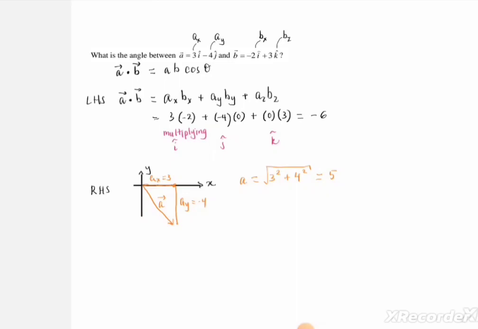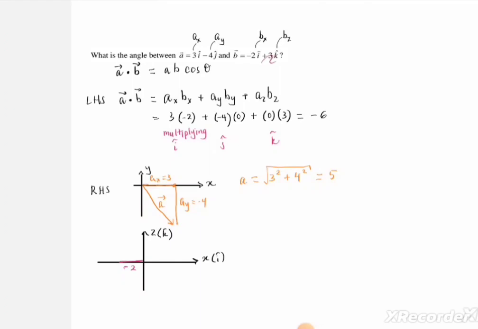So let's draw our B vector, which is negative 2, positive 3. So let's do negative 2. We are saying that this is our x, or the i hat, and here is our z, the k hat.